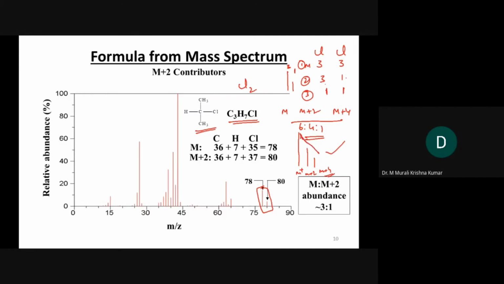In this way we will be able to identify the presence of a halogen and also how many halogens are there. Right now we have so many softwares which can predict the presence of halogens by just looking at the M, M plus 2, M plus 4, etc. ions.